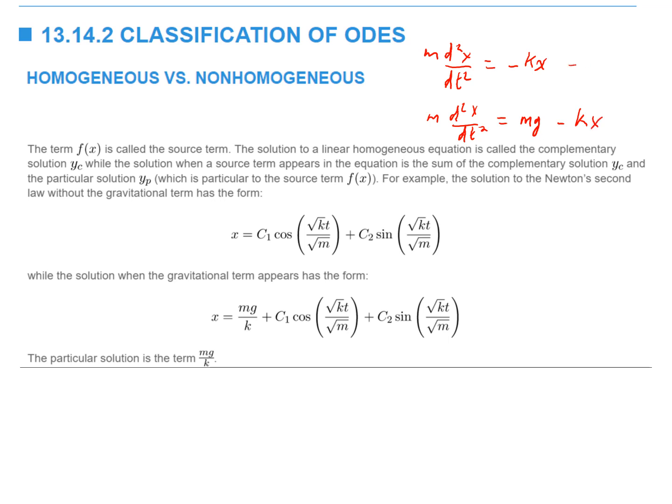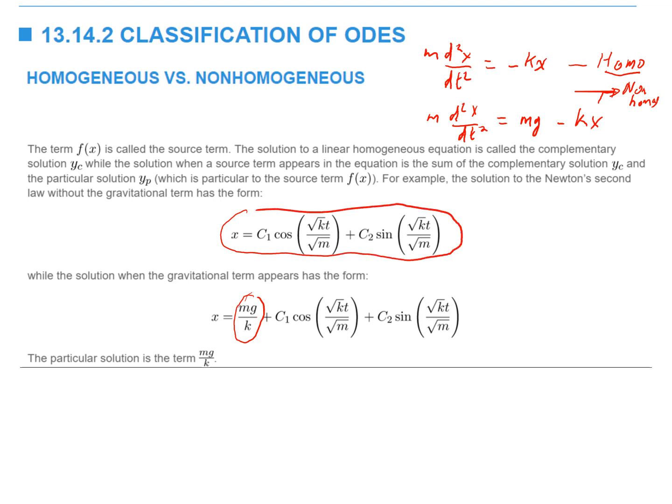This is considered homogeneous, while this is considered non-homogeneous. The non-homogeneous equation would have a particular term called the source term in the solution, and this would be added to the solution given for the homogeneous differential equation.